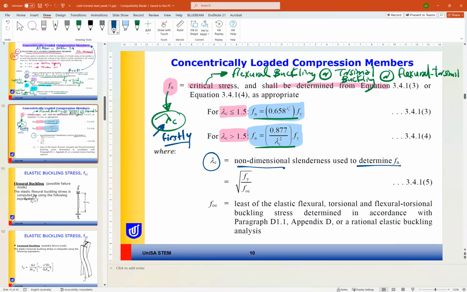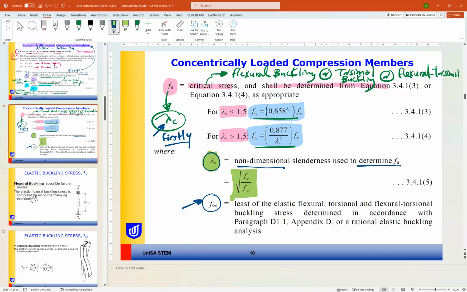So lambda, in our calculation of cold formed steel, all the time is the slenderness ratio. As you can see here, lambda C is equal to root of F yield divided by FOC. F yield is the yield strength, so FOC is what we need.